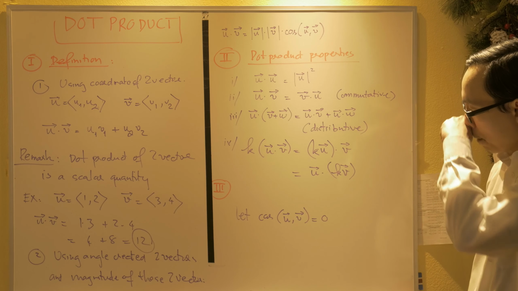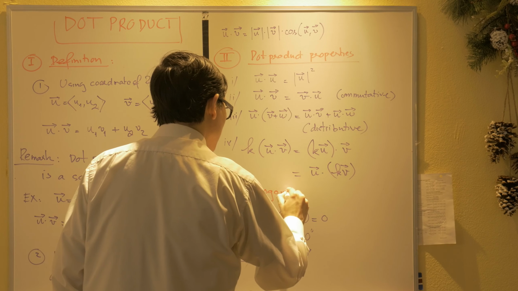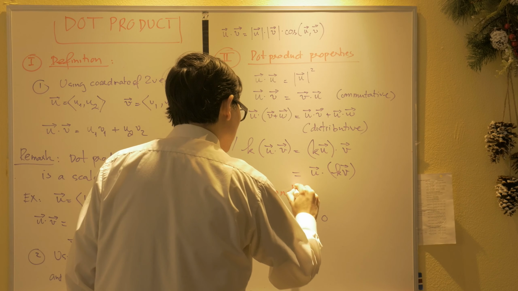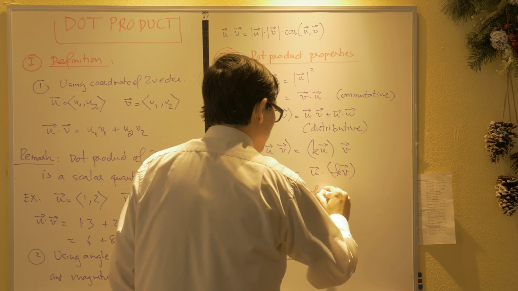And perpendicularity in vector analysis we call orthogonality. So in the third part of our lecture, I want to talk about orthogonality between two vectors. Orthogonality means perpendicularity.